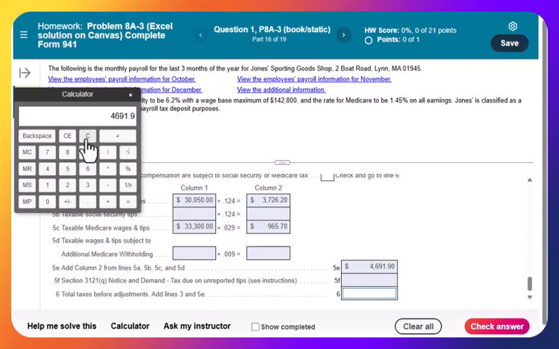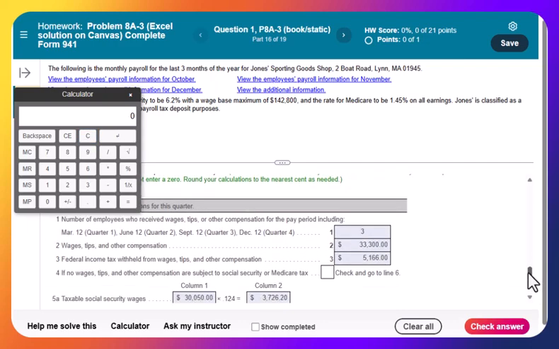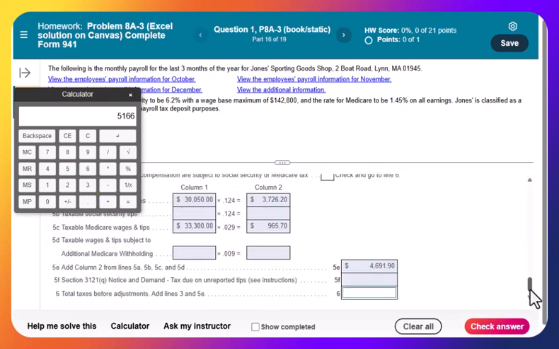So we're going to go ahead and clear our calculator and move back up to line 3 here. That's that 5,166. And then we're going to add 5E, 4,691.90.